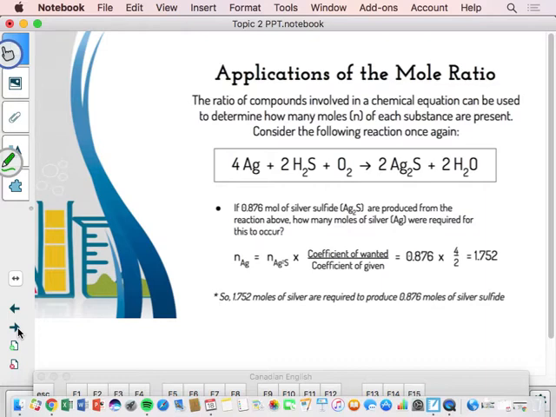It does explain it there, but I like to go through it step by step. So if they give us a mole number, 0.876 moles. And it's really important that you take note of what element that is. Ag2S.